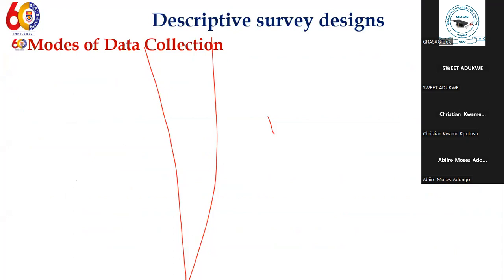Now, in the qualitative study, we spoke about modes of data collection. The quantitative study also makes use of what? Data collection modes. One of the modes we talk about is the direct administration of questionnaires. For this stage, I want to assume that almost all of us have heard about questionnaires before and what questionnaires mean.